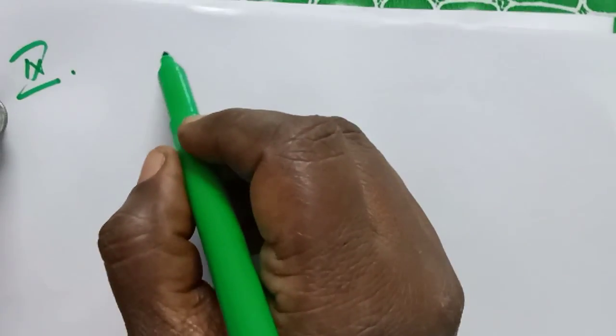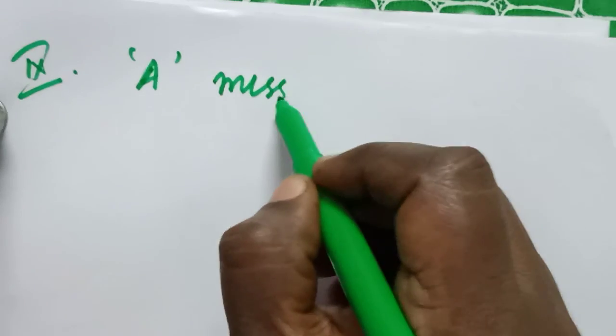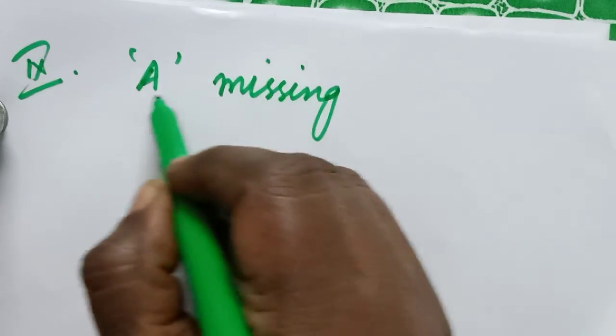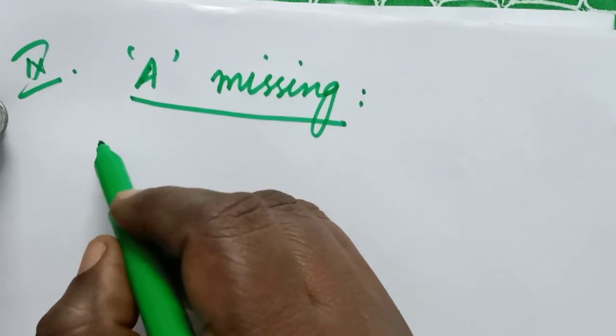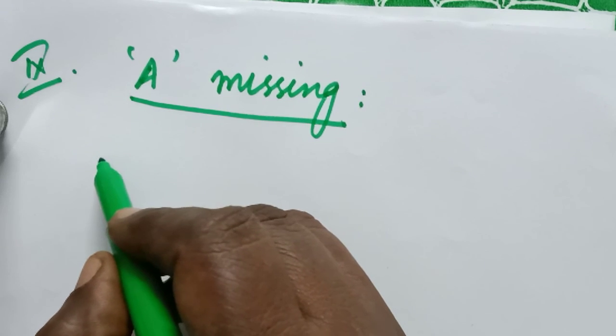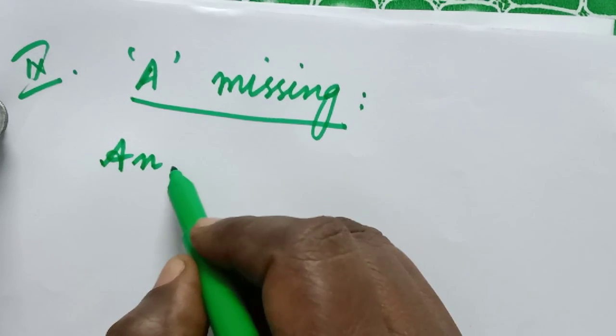Yes. And the next rule is rule number 9. Your rule number 9 is A missing. Okay, A missing. So what does this A missing mean? Anaesthetic.